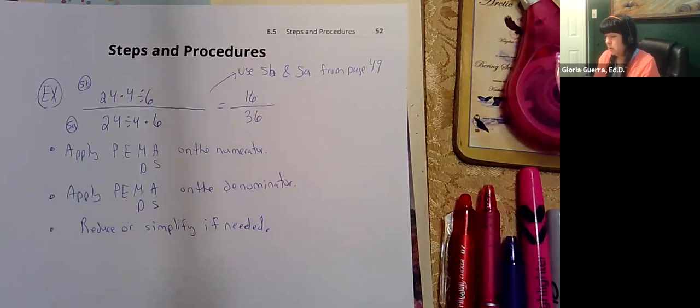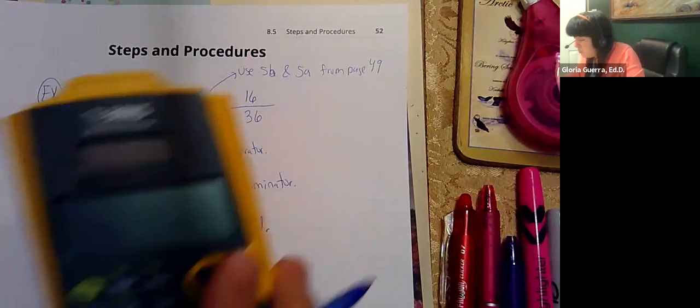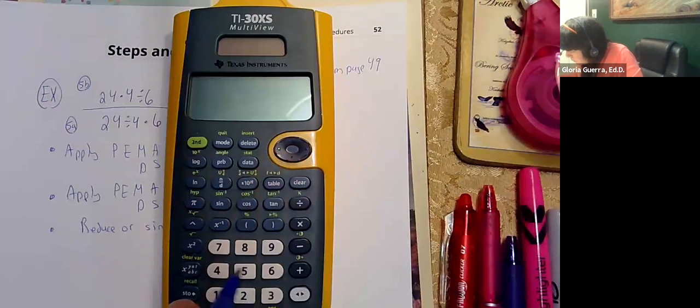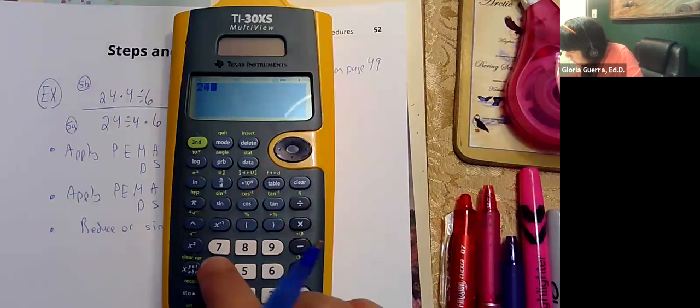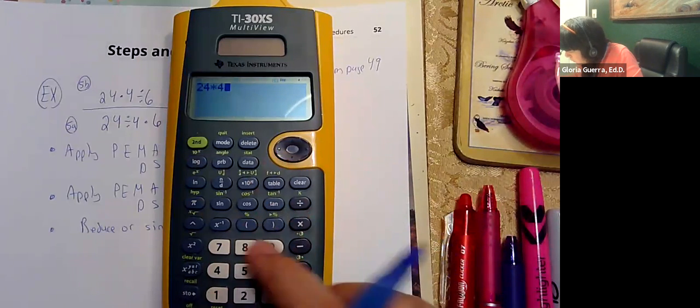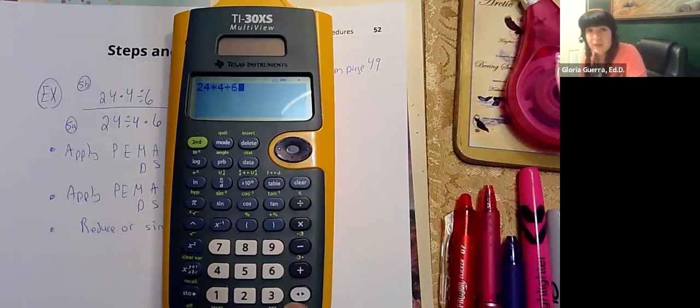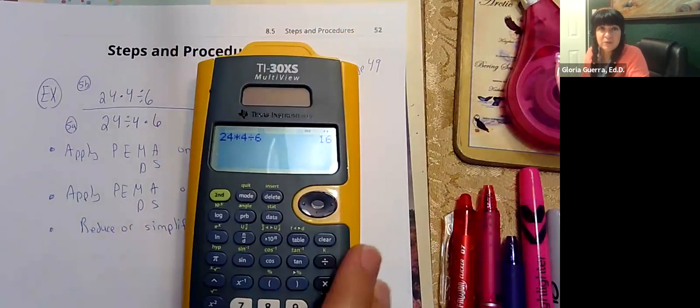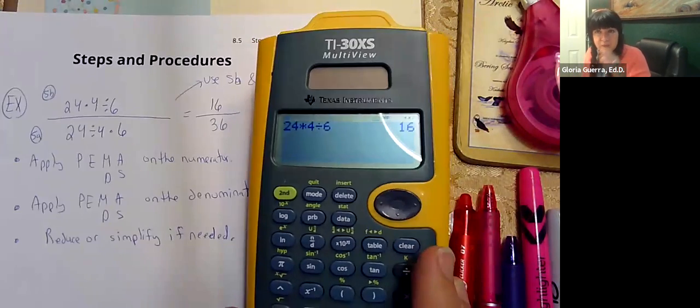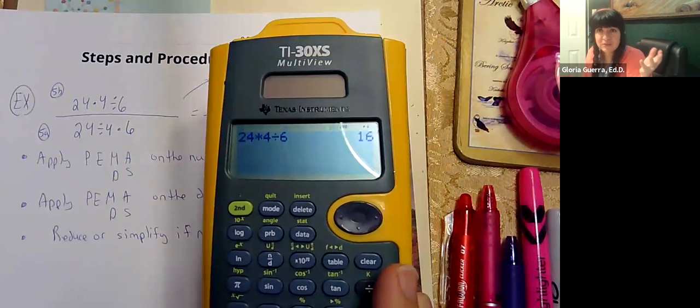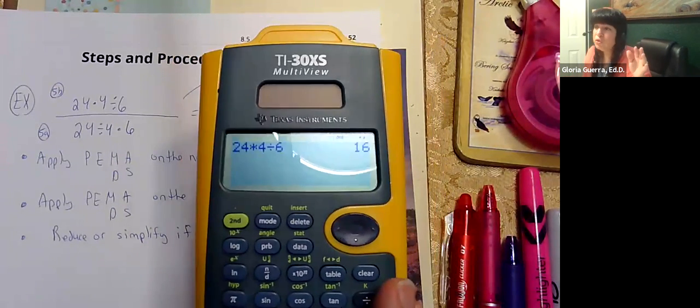What you don't want to do is just type in 24 times 4 divided by 6 and take that as the right answer. You have to show your work. You have to show me some steps.